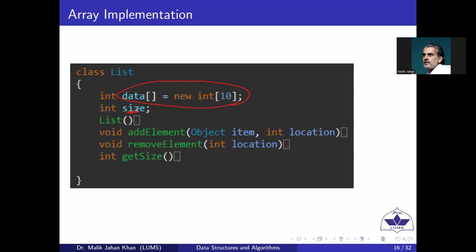We call it size. We have a constructor to initialize things. And then we need to have some methods which can help us to insert different items onto a particular location in the array. And we might have some removal mechanism from a particular index. We can have another function which can just return how many elements are filled in the array, and so on.